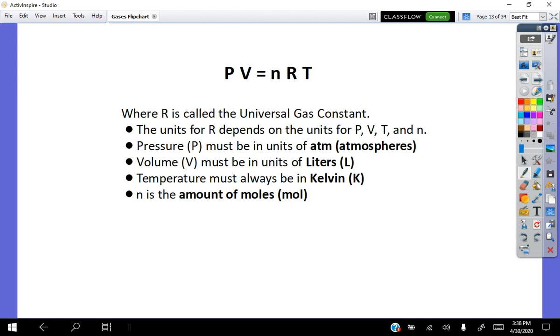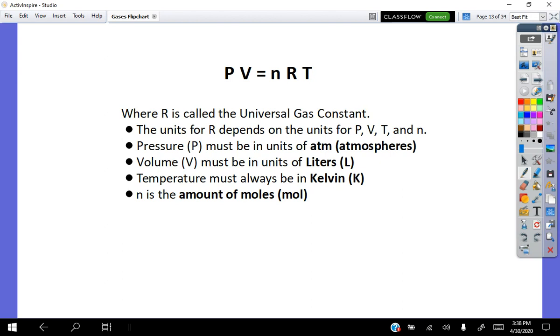The gas constant that we're going to use has units of atmospheres for pressure, liters for volume, Kelvin for temperature, and mol, moles, for moles. The letter n is used to represent moles in this case. They didn't use the letter m because it already was in use for mass.